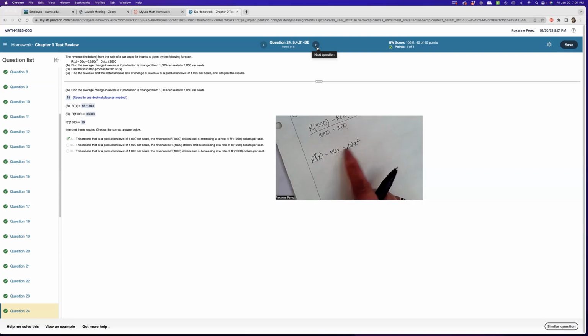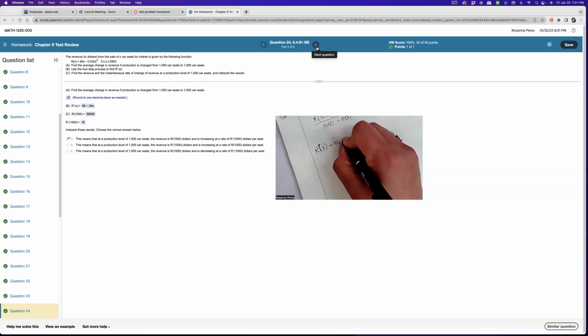Okay, so both terms have variable terms. So I'm going to put my little one right here to find R prime of x. You take this number, you bring it and multiply it in the front. So 1 times 56 times x to the 1 minus 1.